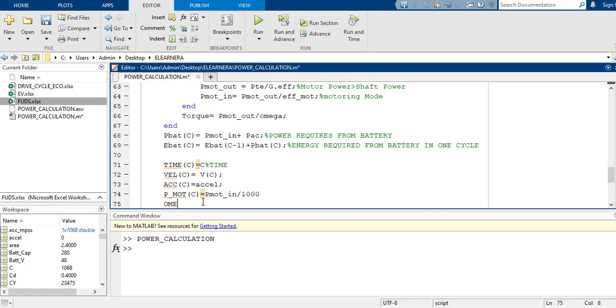I will put down all the parameters and explain them one by one. So let's finish putting them in.